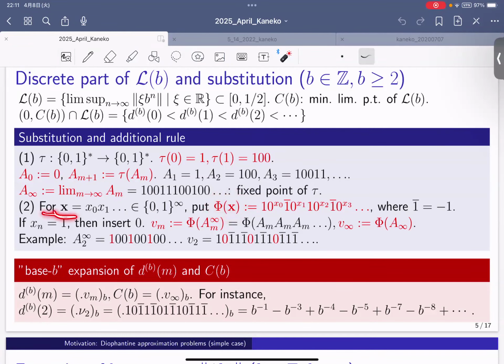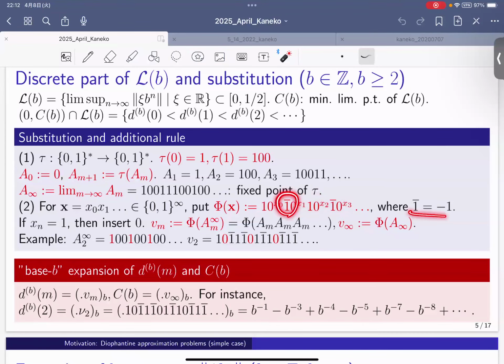For any sequence x = x_0, x_1, and so on, with each x_n being 0 or 1, we put phi(x) as 1-bar, x_0, 1-bar, then the middle part is 0^{x_0}, 0^{x_1}, 0^{x_2}, 0^{x_3}. Here, 1-bar means -1.